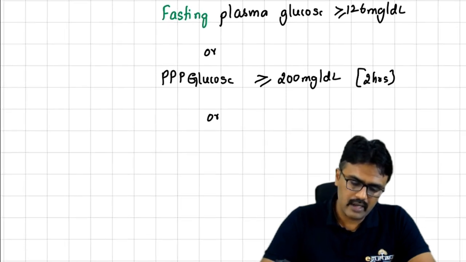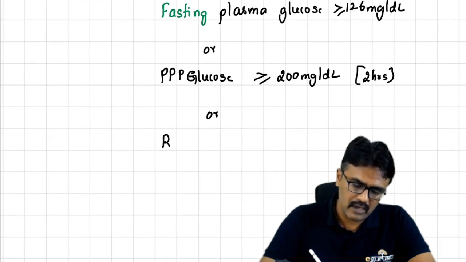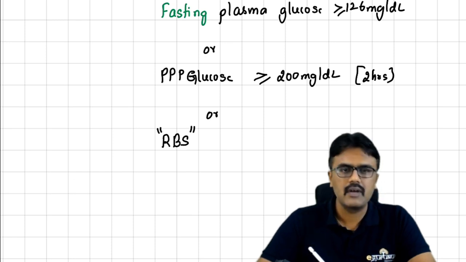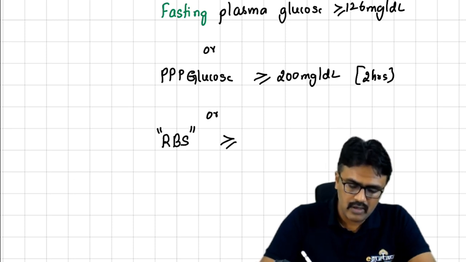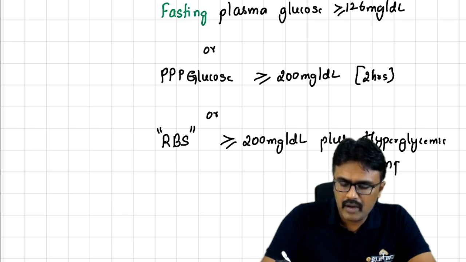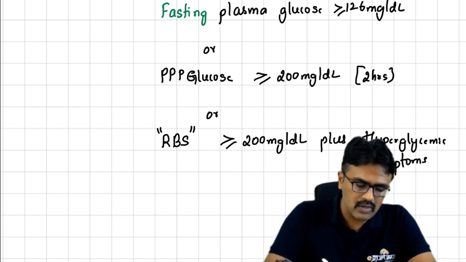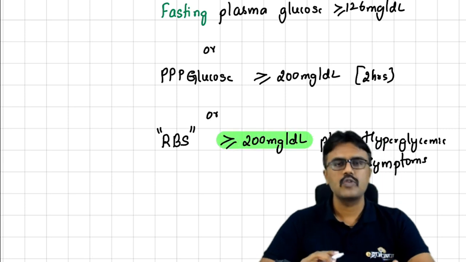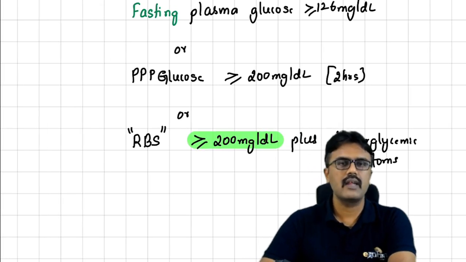Or another criterion is when you measure random plasma glucose, that is RBS, and it is more than 200 milligram per deciliter, plus the patient has hyperglycemic symptoms like polyuria, polydipsia, and polyphagia.